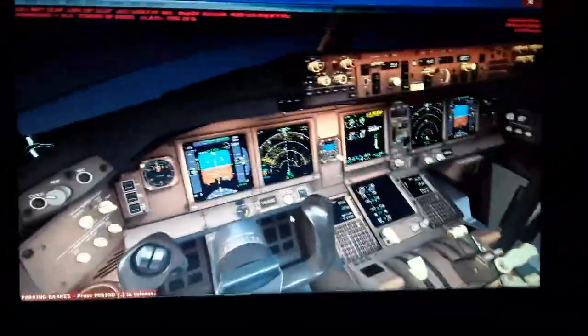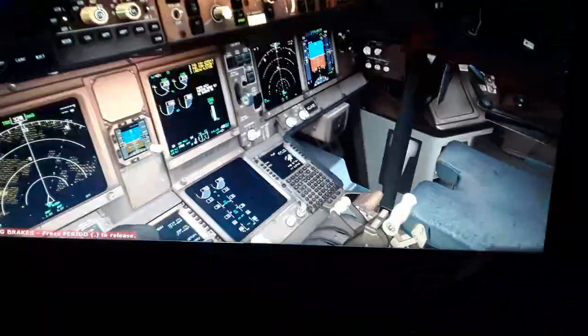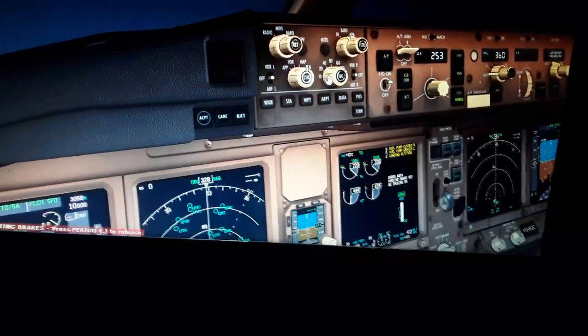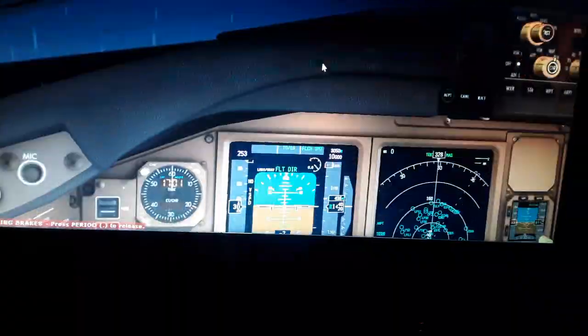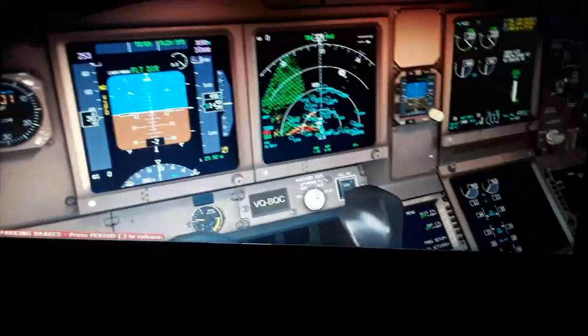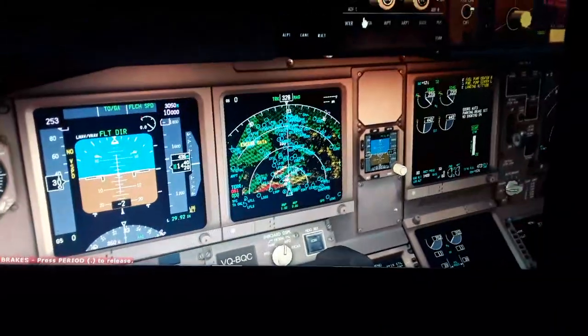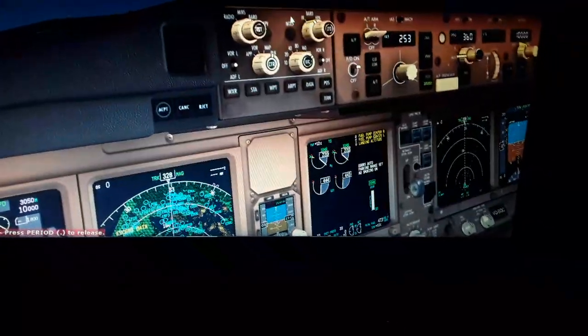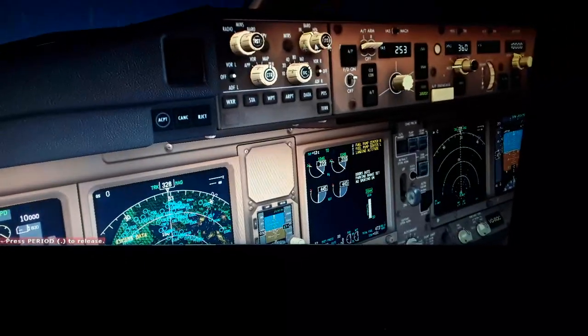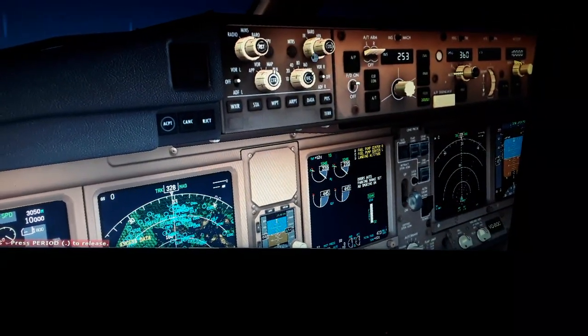So we have here also we can select a further away range. You will see more airports also. Meters, hectopascals. This is unit of measure, so this is the EFIS panel.